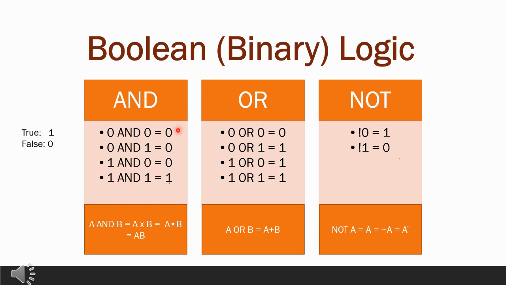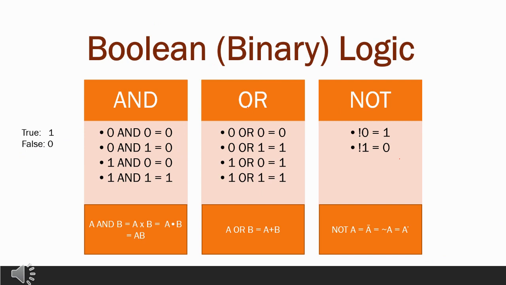That means only when both the operands are 1s, the result shall be 1. When either of the operands is 0, the result shall be 0. The AND operation can be represented with a cross, or a bullet as the operator, or simply being omitted, as shown at the bottom of the AND column in the slide.